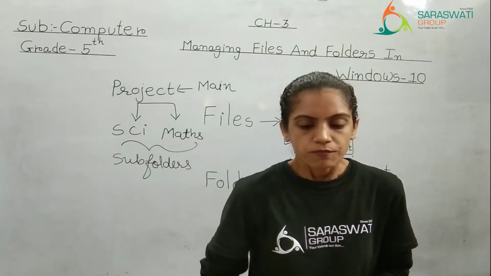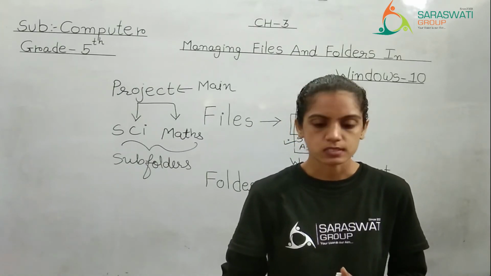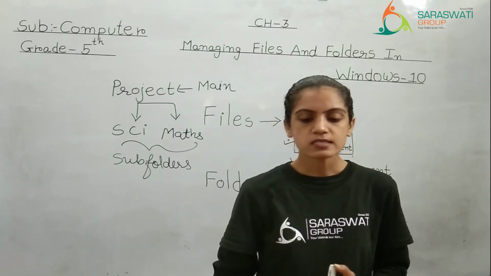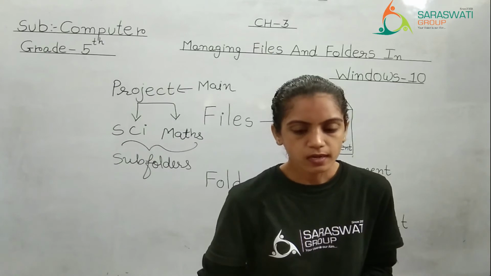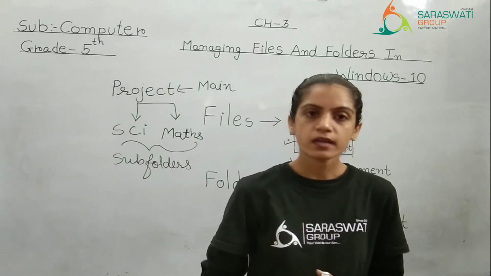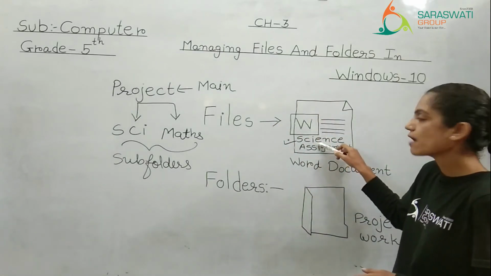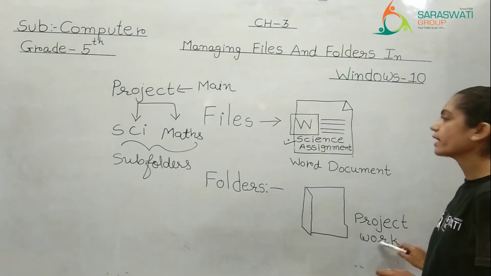Now we are going to see its properties. The way we have seen in the files, every folder has certain properties, which are as follows. Right? Just like a file, a folder also has a name. Same way, here I have given science assignment. This folder name I have given project work.